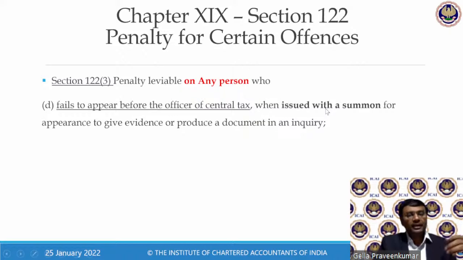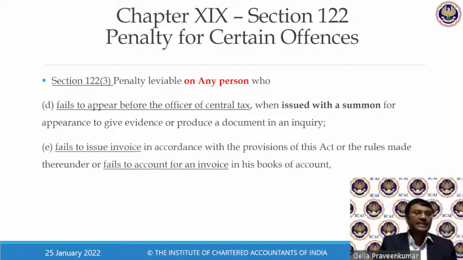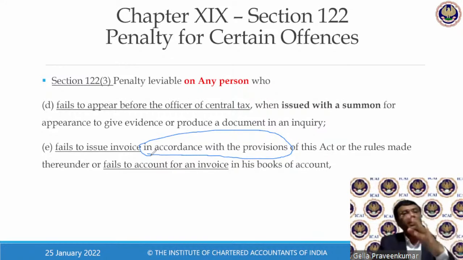Fails to appear before a central tax officer in response to summons, like section 70, whenever called for information, the person doesn't come. Fails to issue an invoice as per the provisions of the act or rules made thereunder. As per section 31, on or before removal, I have to issue the invoice.